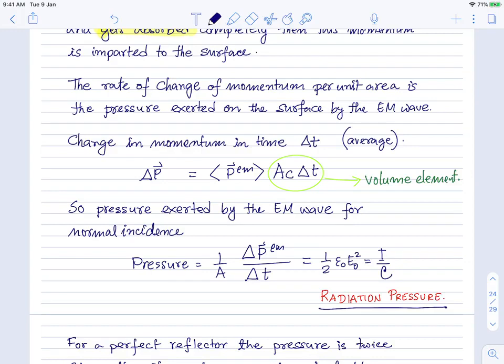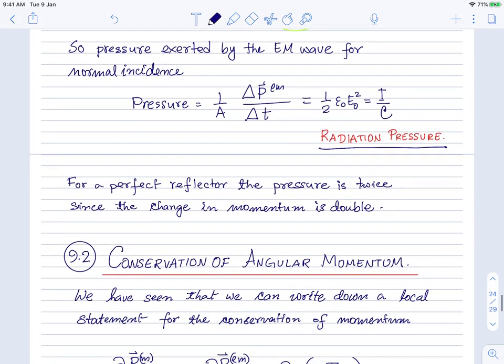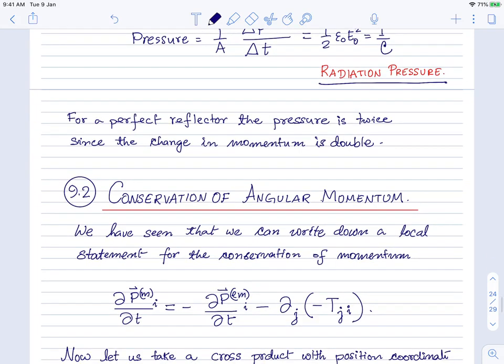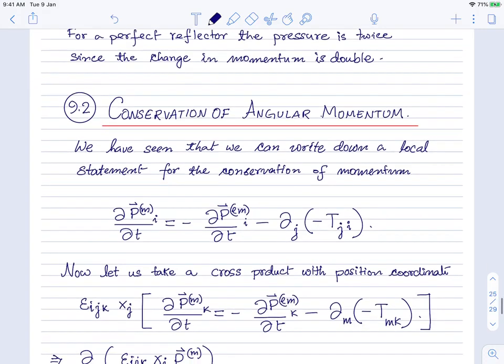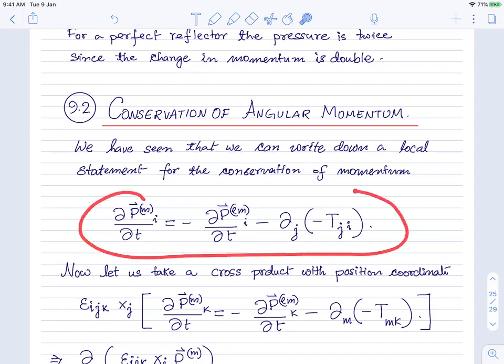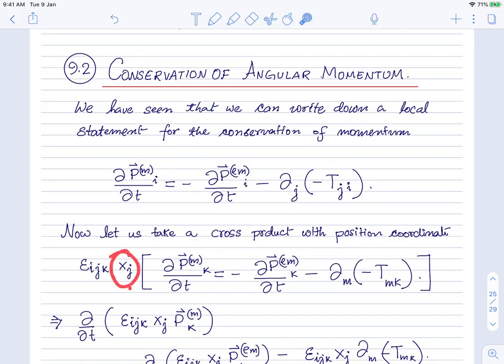Okay, very good. So now the final topic is conservation of angular momentum, and that's not very far from the discussion of conservation of momentum. If you consider the local statement of the conservation of momentum and take a cross product with x, then, as we know, x cross momentum is angular momentum.